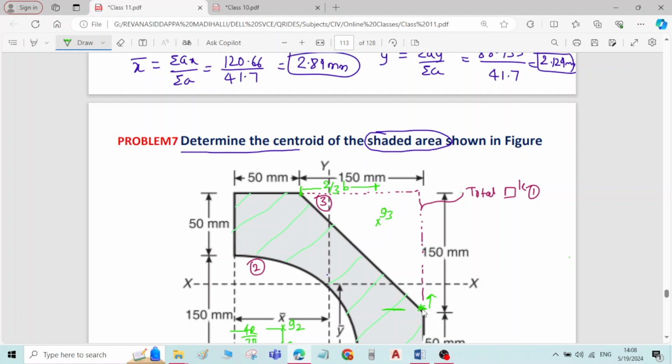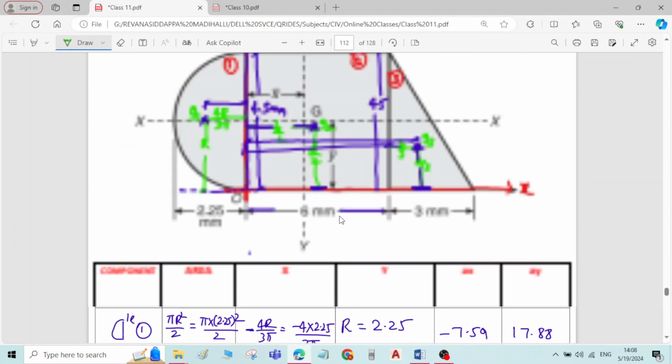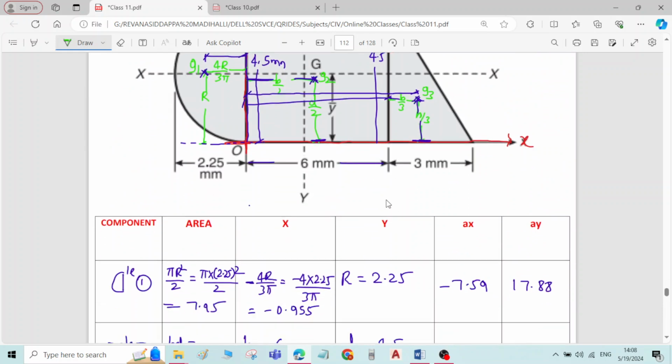From the point it is 2/3, from the line it is 1/3. I will show you here. Here the centroidal distance is coming from the line. This is the line. From the line it is 1/3 of b, or b by 3.